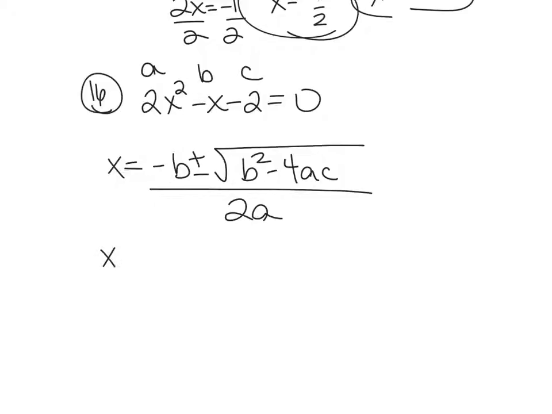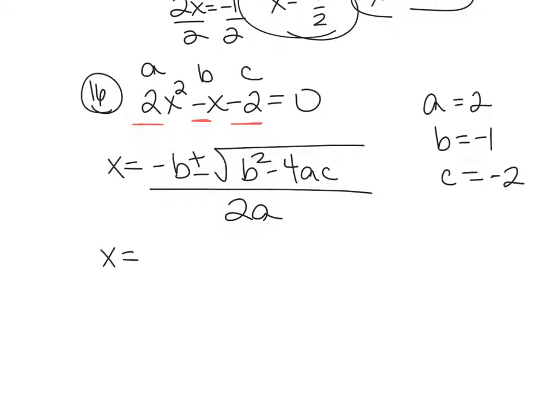So let's plug those numbers in. Let's write over here: a equals 2, because that is the coefficient in front of the x squared. The coefficient in front of x would be a negative 1, so we have b equals negative 1, and c equals your constant, so c equals negative 2.